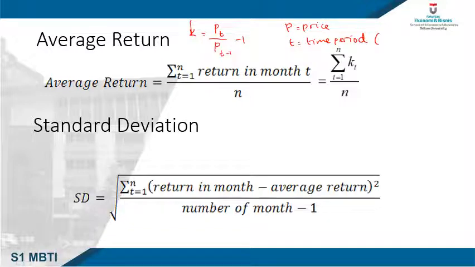Well, whatever you want to calculate, it can be daily, a day, month, or second, minute, year, etc.